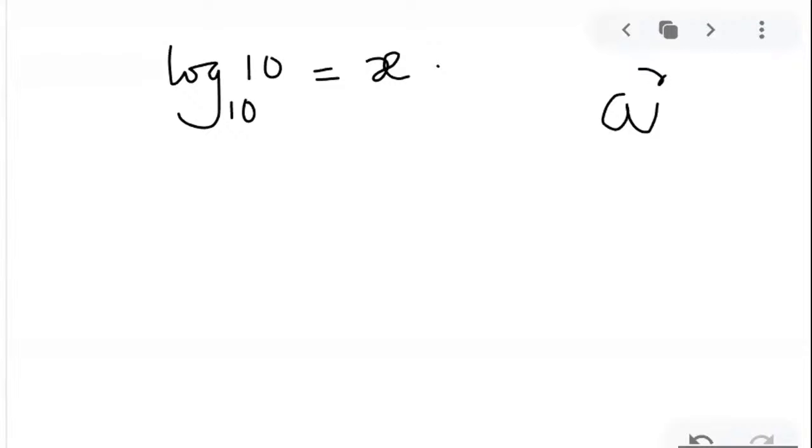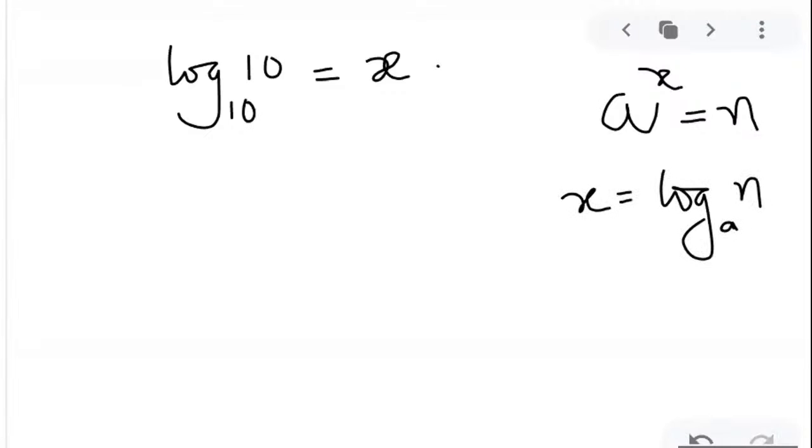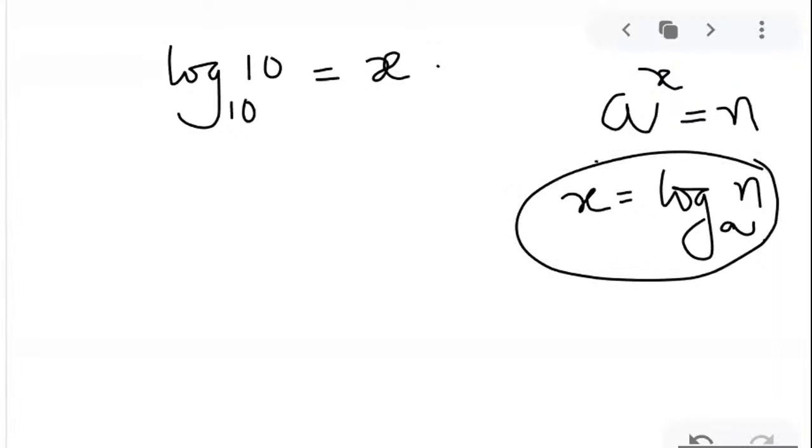A power x is equal to n, then x is equal to log n to the base a. Now look at this and convert this into this. What is n here? 10. 10 is equal to 10 power x. a is 10. Yes, ma'am.